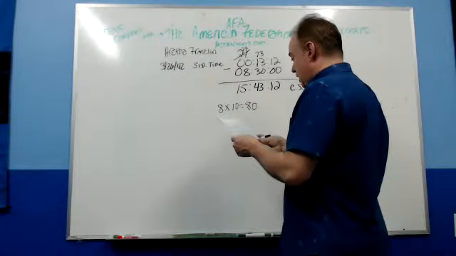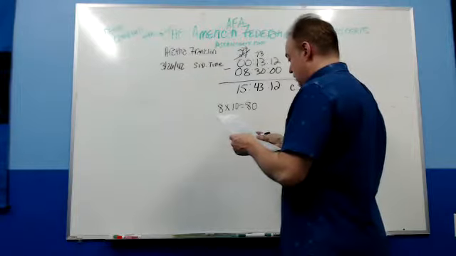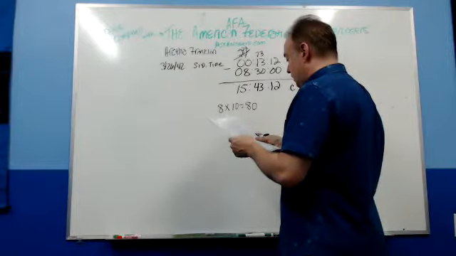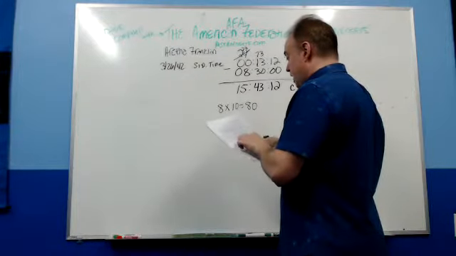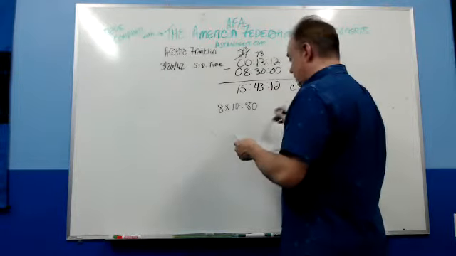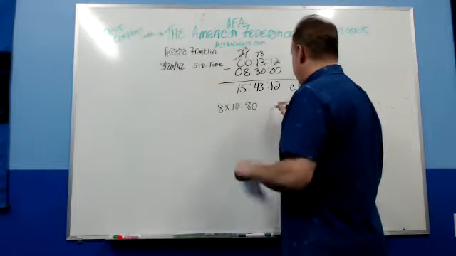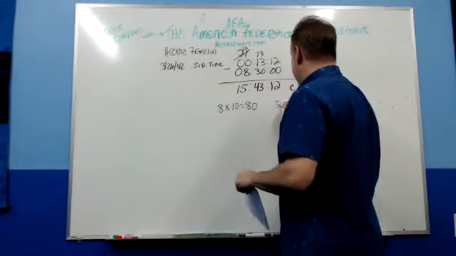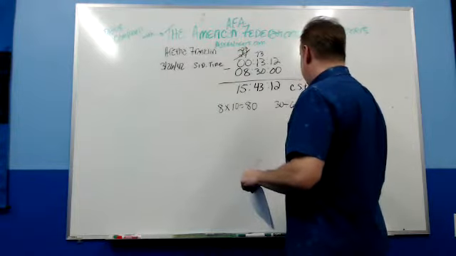Then you take the minutes and divide by 6. 30 divided by 6 is 5.